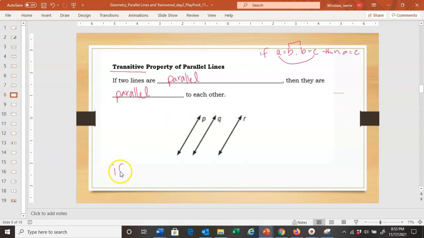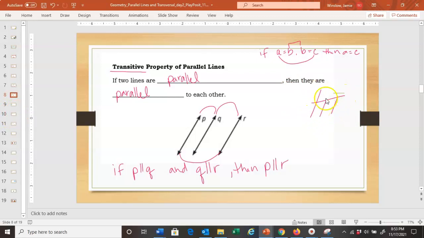So for example, if P is parallel to Q and Q is parallel to R, then of course P will be parallel to R. The transitive property holds true. This just becomes really helpful in those diagrams that have multiple parallel lines with multiple transversals.